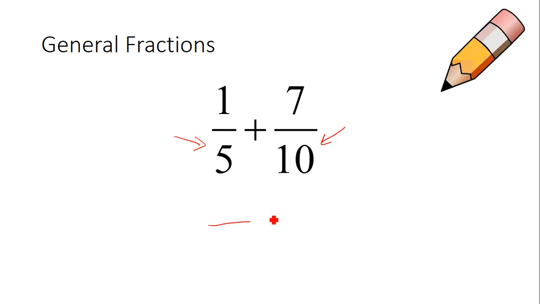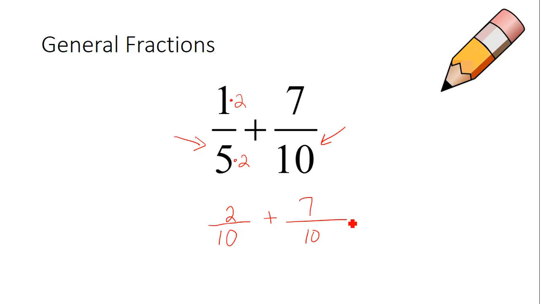We need to make these denominators be the same. So remember back in your earlier grades, you'd say, well, what do I have to do to make common denominators? What's an appropriate common denominator for these two fractions? Well, you might say 10, because you can turn this 5 into a 10 pretty easily by multiplying it by 2. The bottom gets multiplied by 2, and the top gets multiplied by 2, making this fraction turn into 2/10.